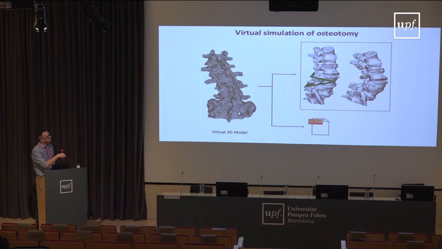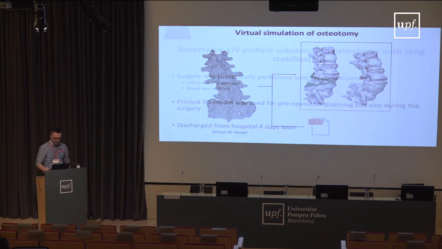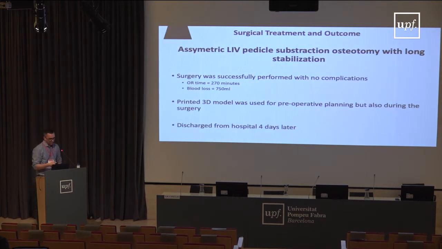And this is the situation after closing the osteotomy. So we cut this part of the bone, and after that we close the gap, and we have a new realigned lumbar lordosis, okay? So finally, after the planning, the surgery was quite successful without any complication.